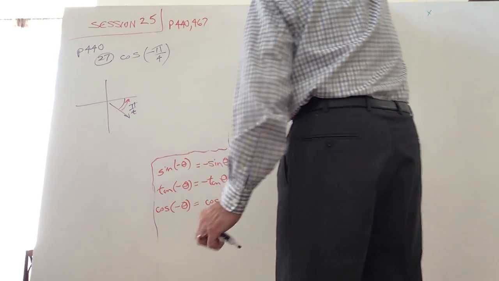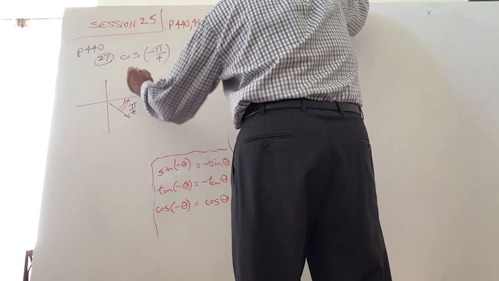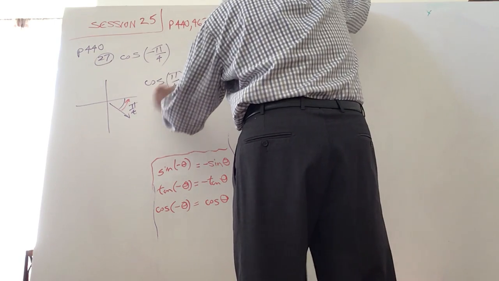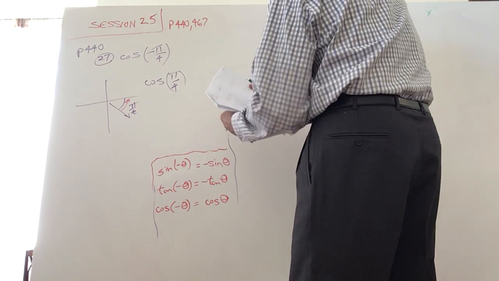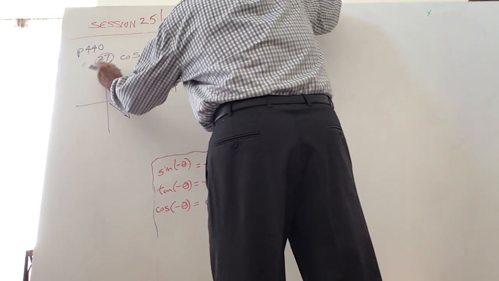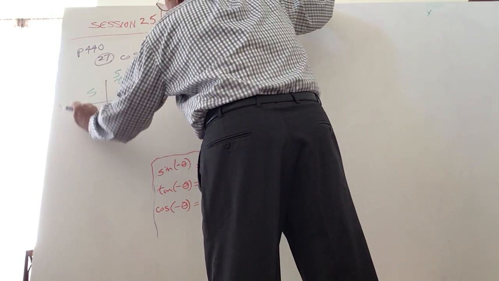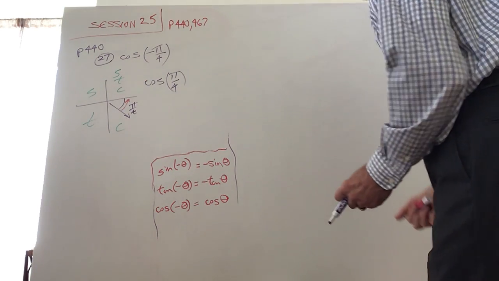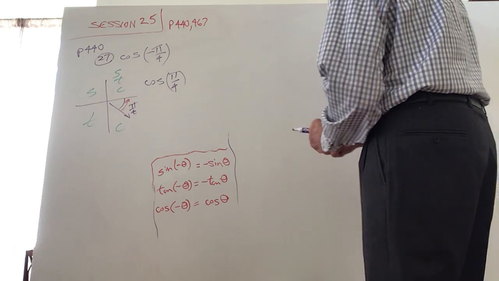And so we have cos of negative pi over 4 being the same as cos of pi over 4. And because we're in the fourth quadrant, again, I'll label that as STC, STC, STC, ST, and C. The cos is positive in that quadrant, so we'll have a positive value there, cos of pi over 4.